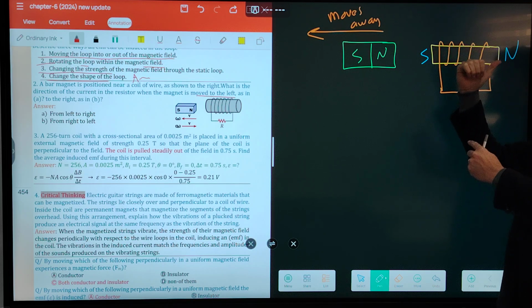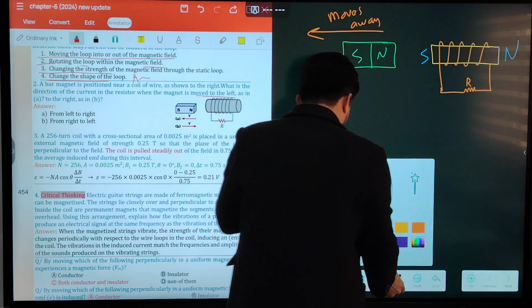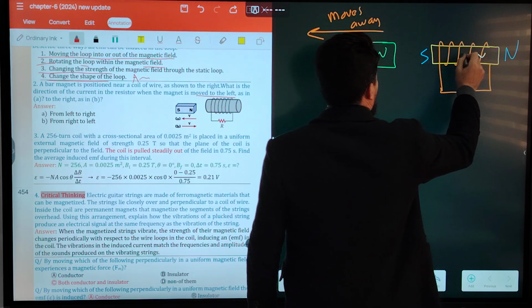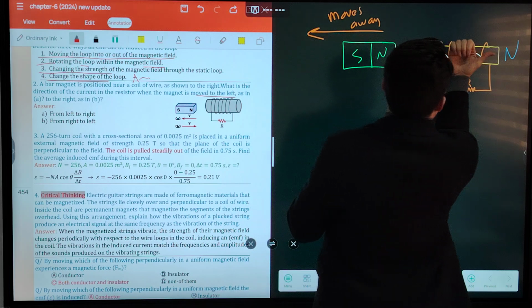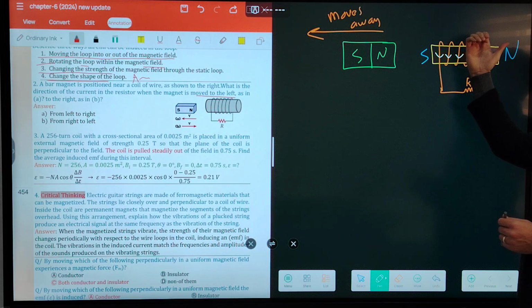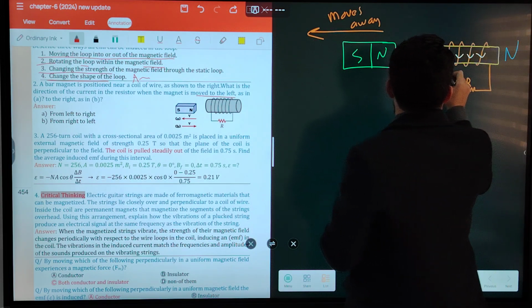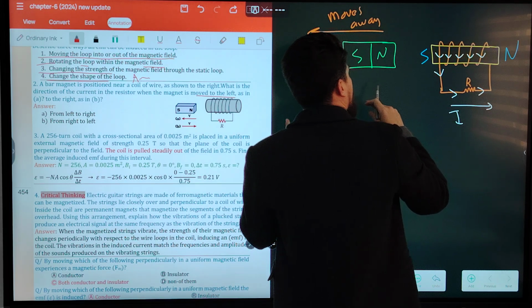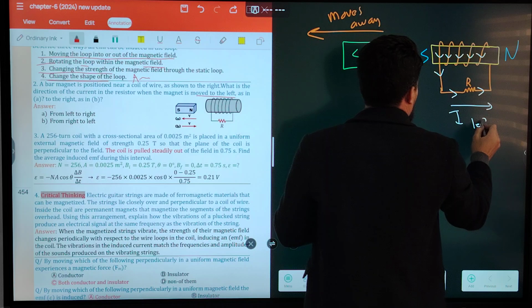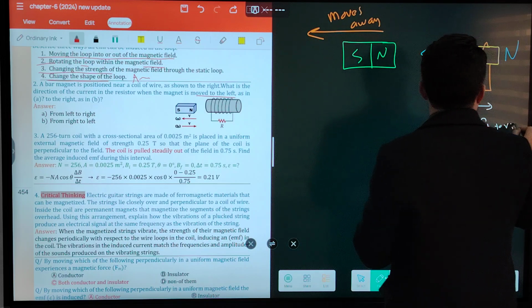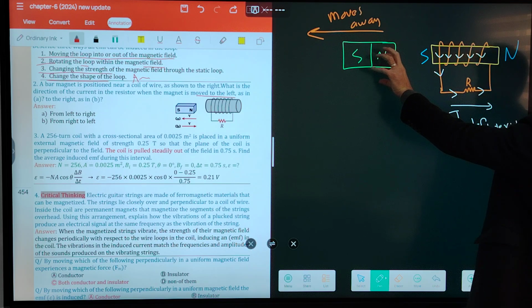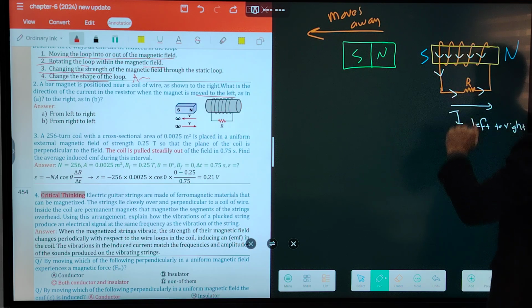The four fingers are downward, so the direction of the current is downward, because you have to close your hand. The direction of the current in the resistor is from left to right when the north pole of the bar magnet moves away from the coil.